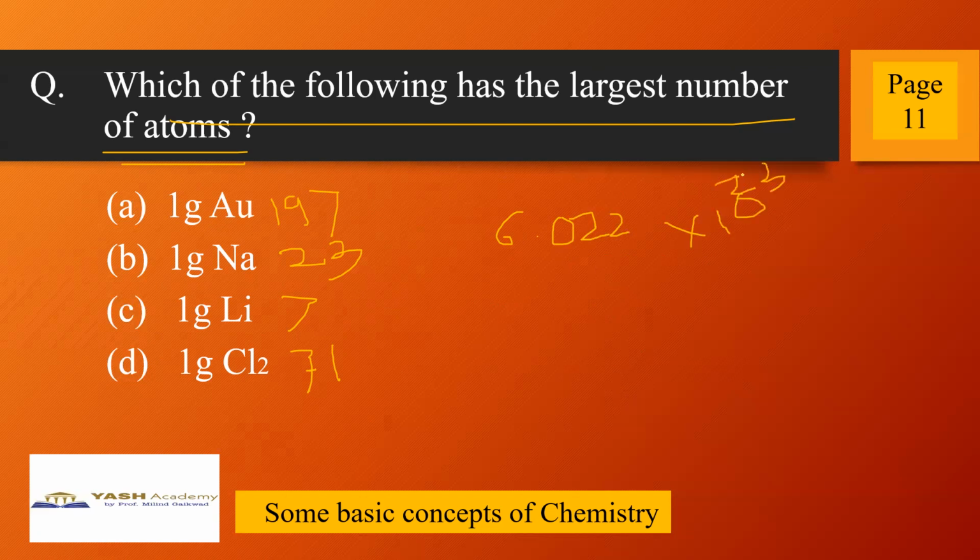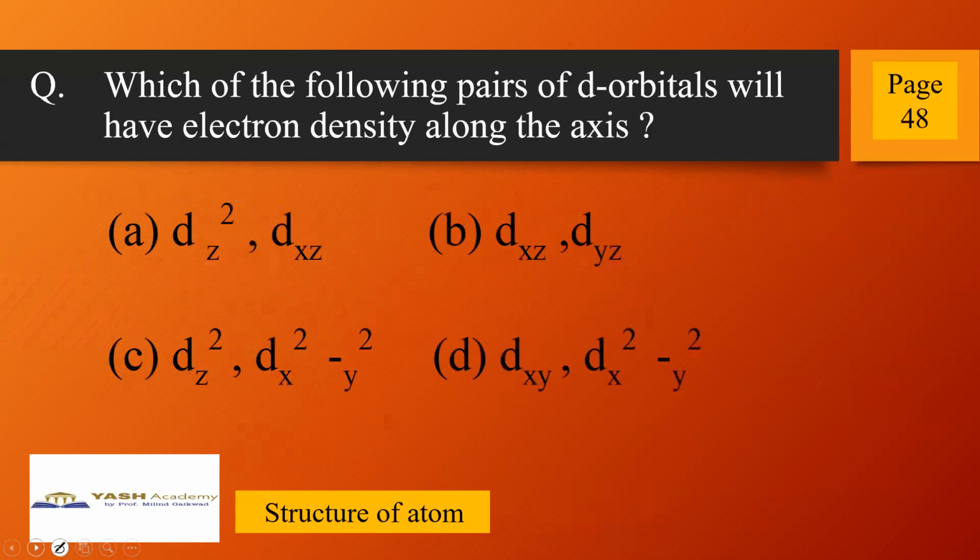If you divide this number by 197, then 23, then 7, and then 71, and observe the values, you will find that 1 gram of lithium has the largest number of atoms. In this way, we can calculate this numerical.